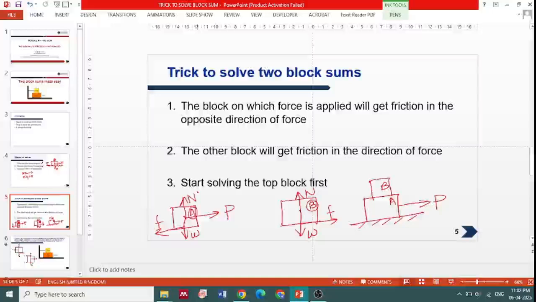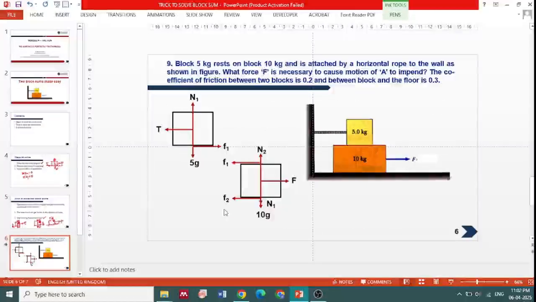And the third trick is to start solving the top block first. If we want to solve two blocks easily, we have to start with the top block, which means that in this case we have block B. So we should start by solving block B first. Okay, so let us move further.